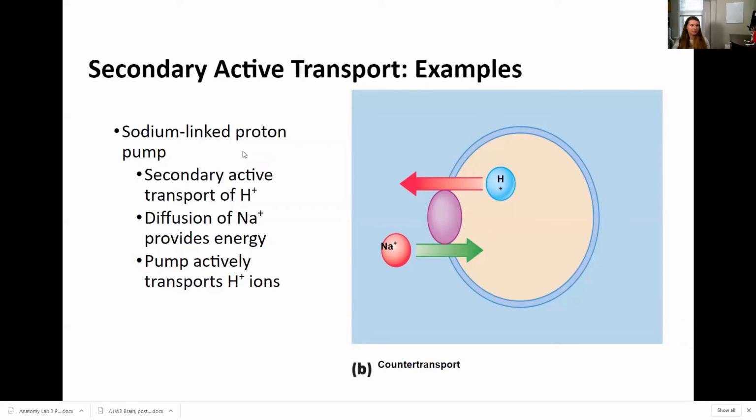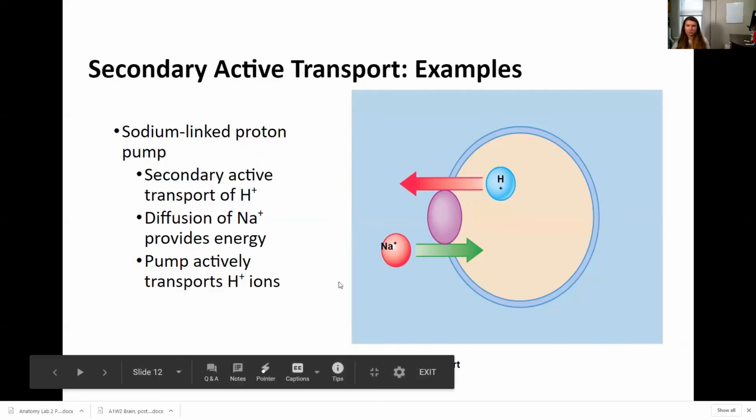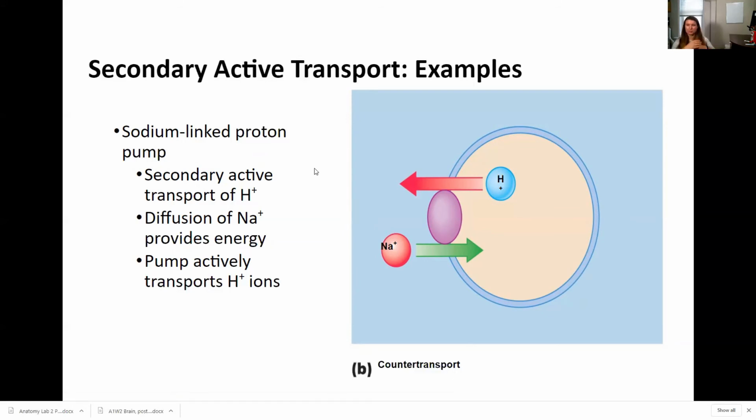So our sodium-linked proton pump is an example of counter-transport. You might have seen this referred to as an anti-transporter, so two molecules moving in opposite directions. So this is counter-transport via secondary active transport.